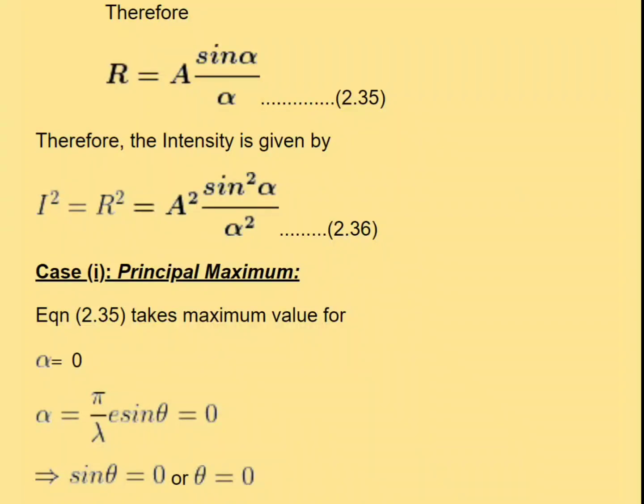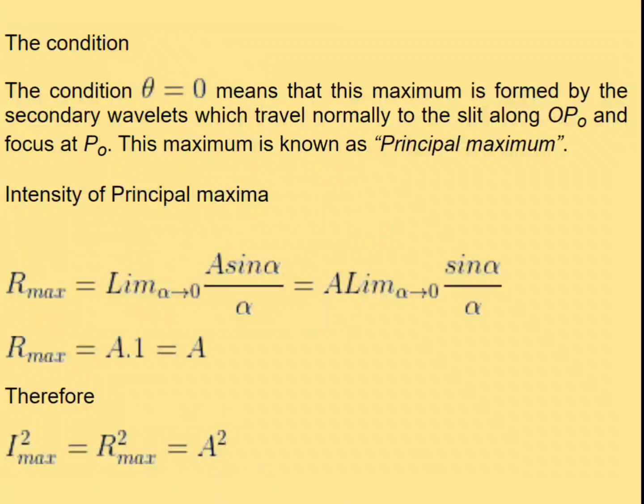For example, substitute alpha is 0, sin 0 is 0, 0 by 0. So generally 0 by 0 belongs to not defined terms. But in such cases, in mathematics we apply limits.